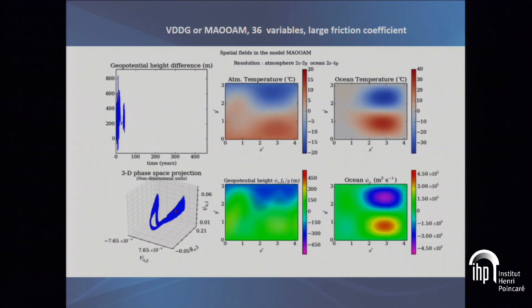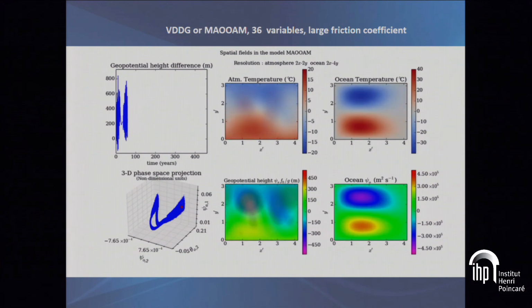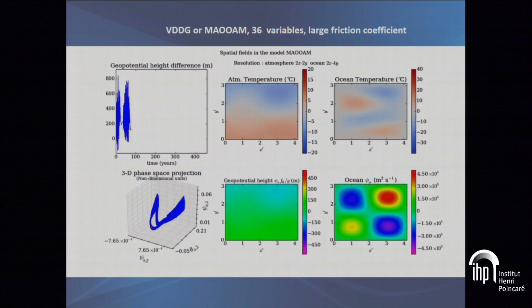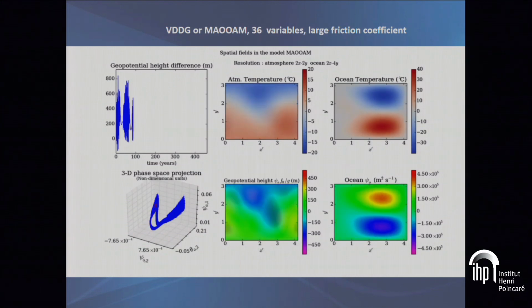Here you have the solution for the atmosphere, two solutions: this is the atmospheric temperature and the barotropic stream function. And here you have the same for the ocean: the ocean temperature, and here the barotropic ocean stream function.